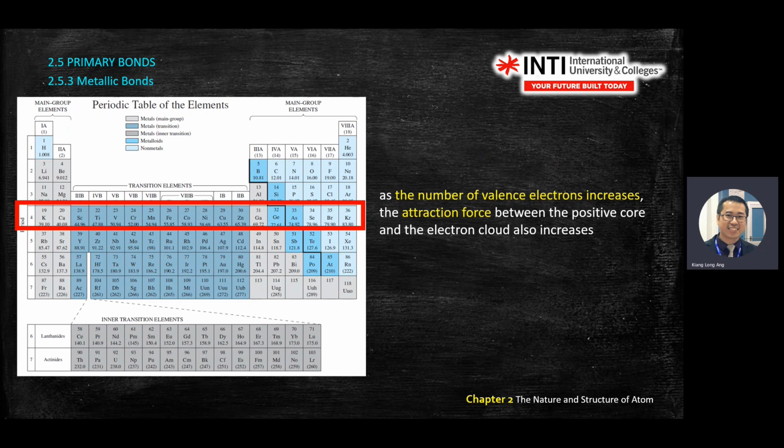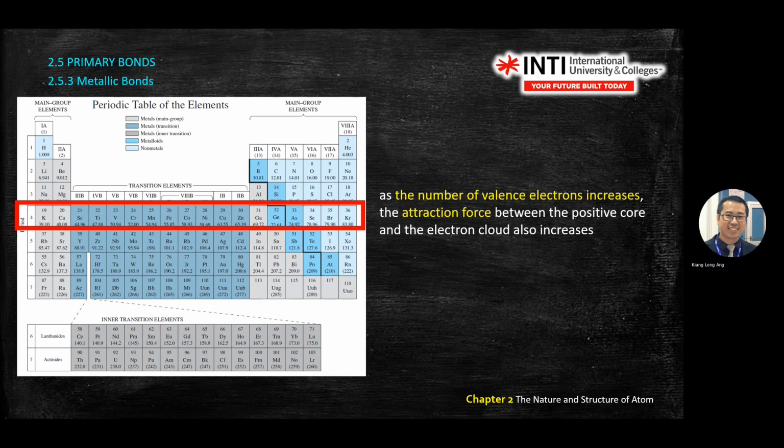This is S, this is P, this is D. So after level 3, remember that your electron sometimes goes into the 3D suborbital before it goes into either S or P here.